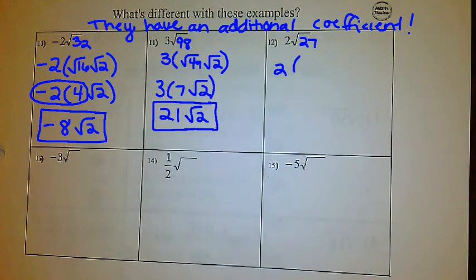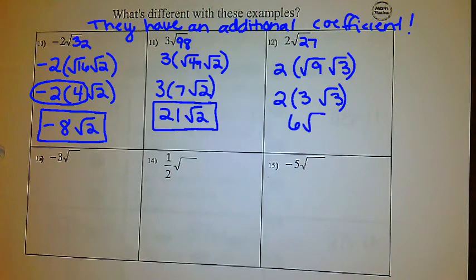Okay, so we can separate this into radical 9 and radical 3. Simplify that radical and then multiply the coefficients. And again, just be careful of those negatives. If you have a negative out in front, your final answer will have a negative as well.